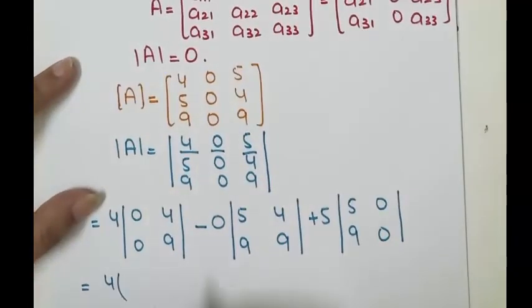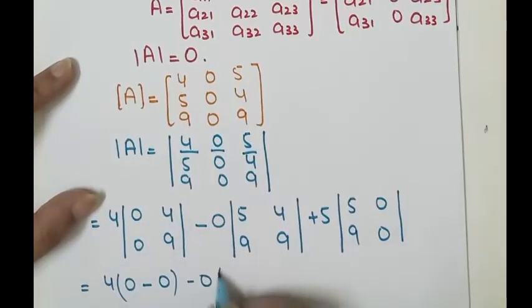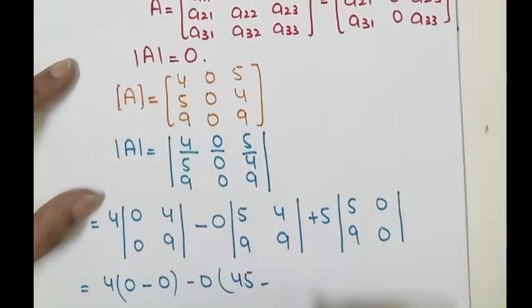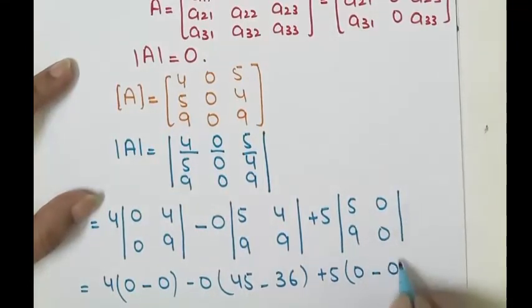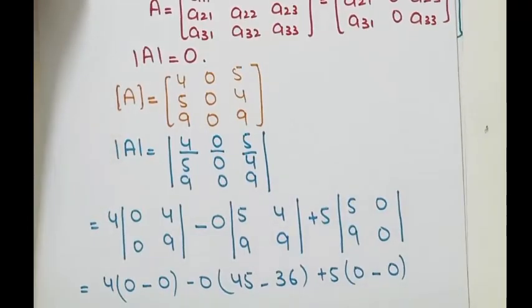This is 4. 9 0 times is 0, minus 4 0 times is 0, minus 0. 5 9 times is 45. 9 4 times is 36. Plus 5. 5 0 times is 0, minus 9 0 times is 0.